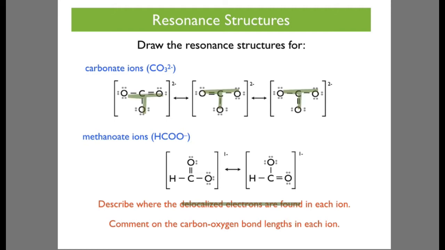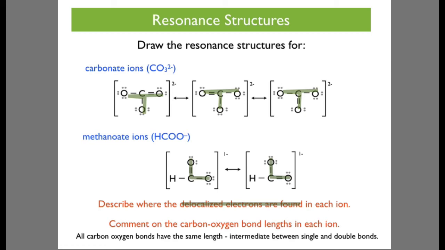Obviously, they are found all over all four atoms, or the bonds between all four atoms in the carbonate ions. The oxygen is able to take those electrons. In the methanoate ions, it's over the carbon-oxygen bonds again, not the carbon-hydrogen bonds. And the carbon-oxygen bond lengths in each ion, well, all carbon-oxygen bonds have the same length, intermediate between the single and the double bonds.